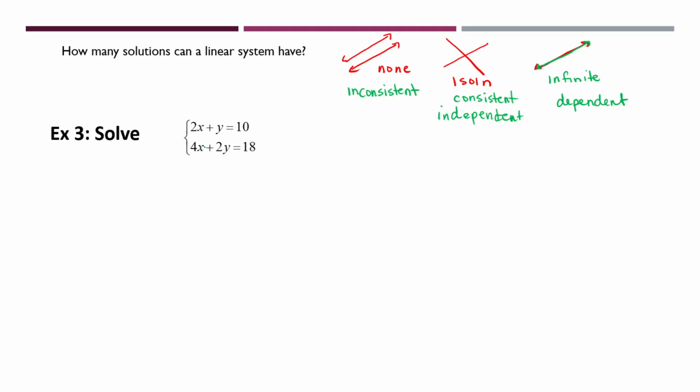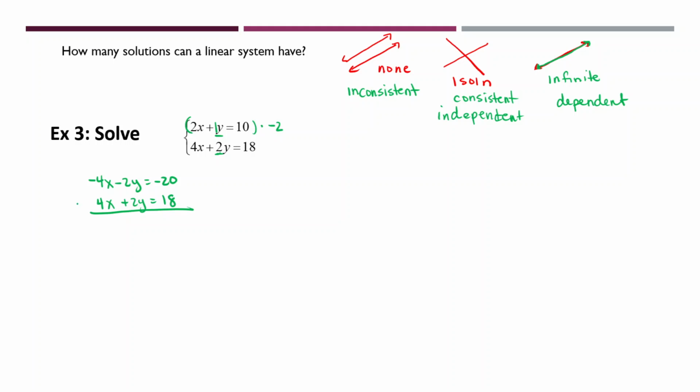So let's solve this one. I notice that I have a 1 and a 2 for the y, so I'm going to use elimination and multiply this first equation by -2. So I'll get negative 4x minus 2y equals negative 20. I'm going to just write down the second equation and not change it.